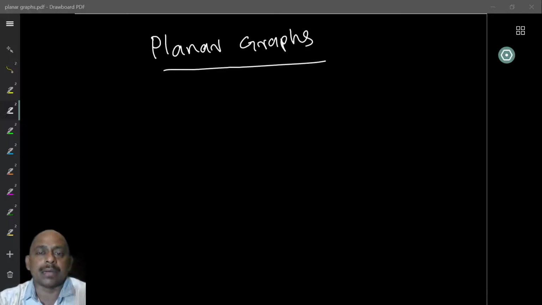So what are planar graphs? If you look at graphs, one of the things that you always think about is the representation of the graph as vertices and edges that are mapped onto the plane.